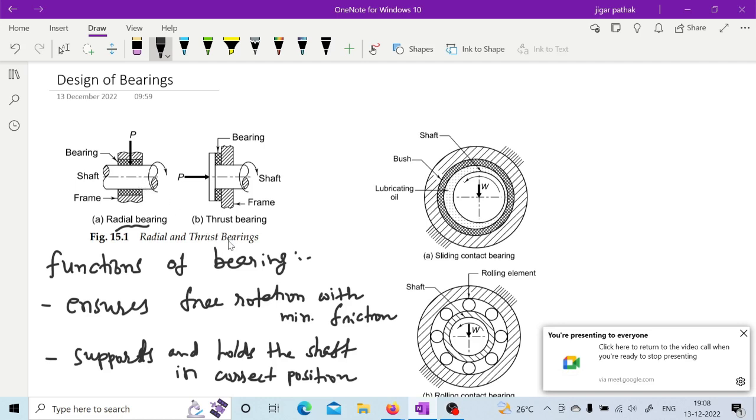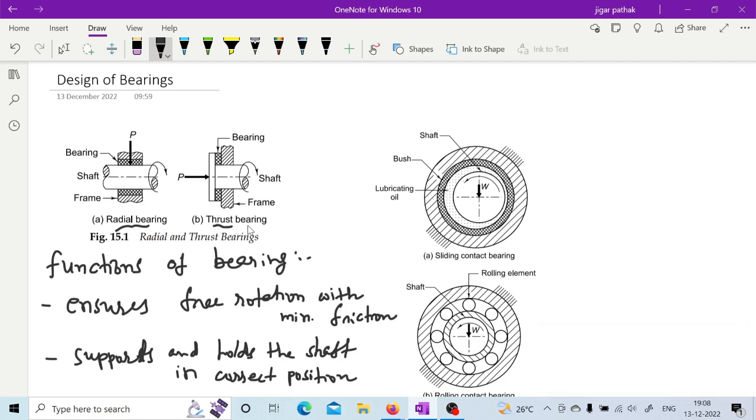While if the load is along the axis of the shaft, as we can see in this figure, then it is considered a thrust bearing. So based on the direction of force, bearings are classified as radial bearings and thrust bearings.